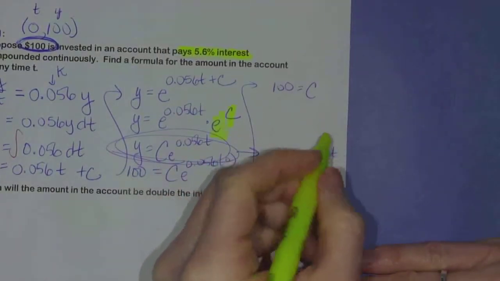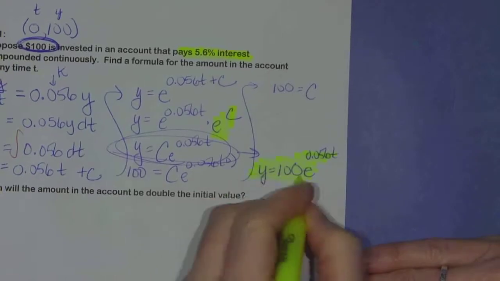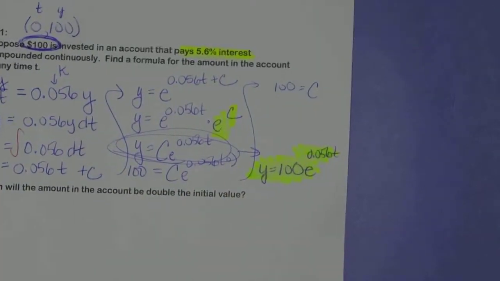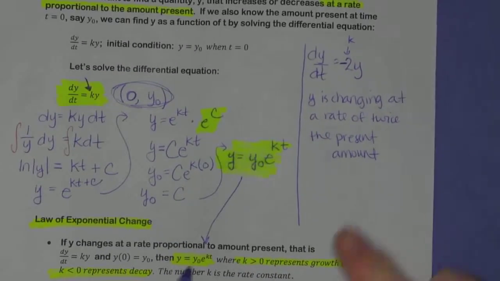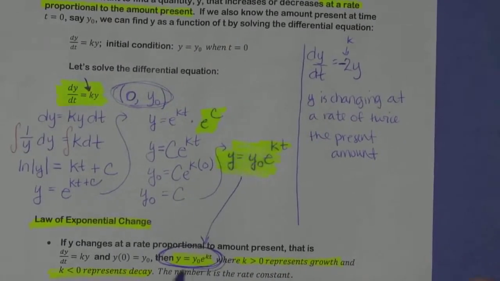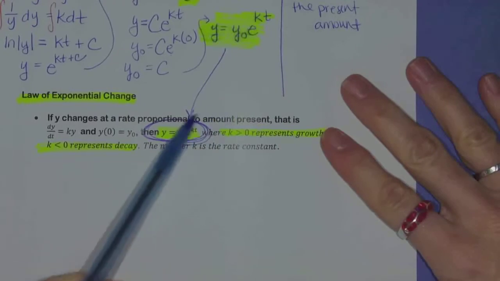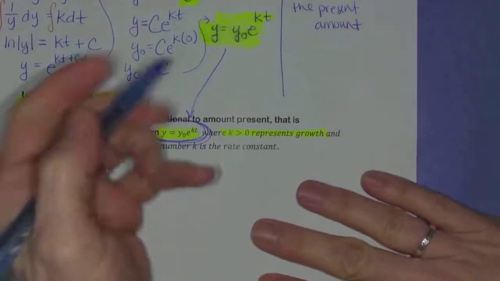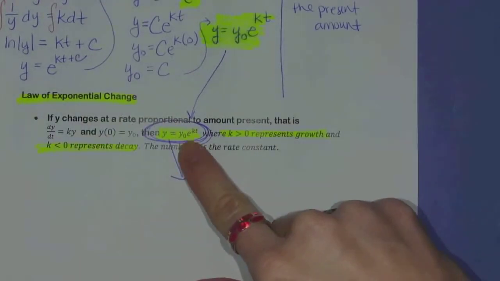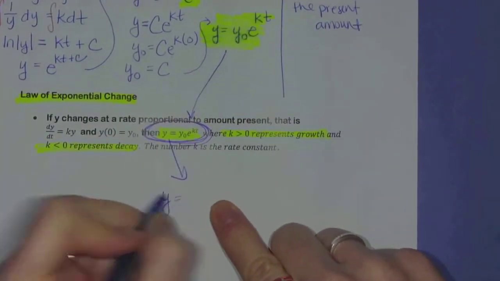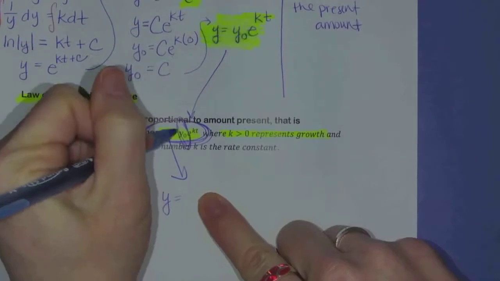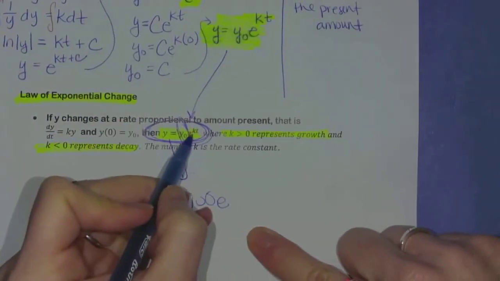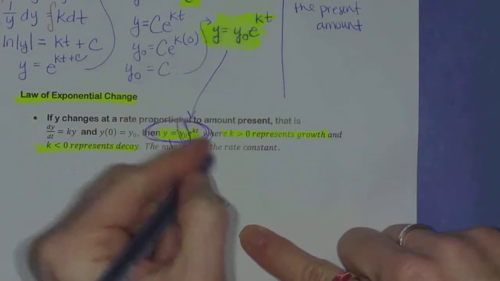Now if you look at this and you compare it to the law of exponential change, if you look back here at this guy, we could have avoided a lot of work by simply memorizing this, because let's look at it. If we had followed this, then we would have known that y was equal to initial y, that was $100, e raised to k, that was the rate of growth, right?